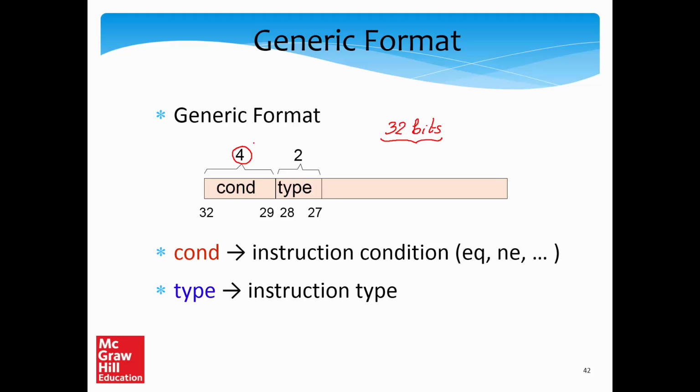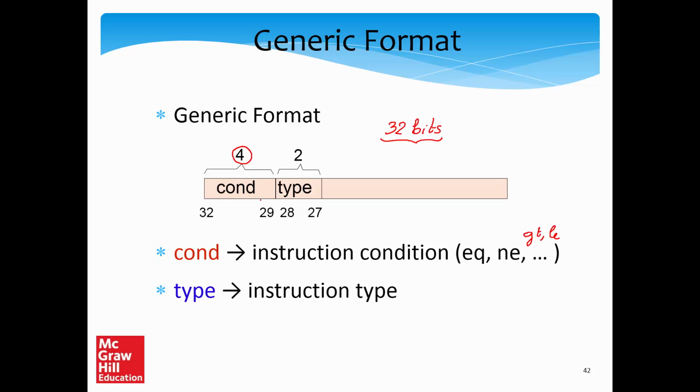We had talked about 14 condition codes in a previous slide: EQ, NE, GT, LE and so on. Since there are a total of 14 of them plus the AL condition code, which means always, so 15 of them, we need 4 bits to encode them. So the top 4 bits of the encoding encode the condition code.